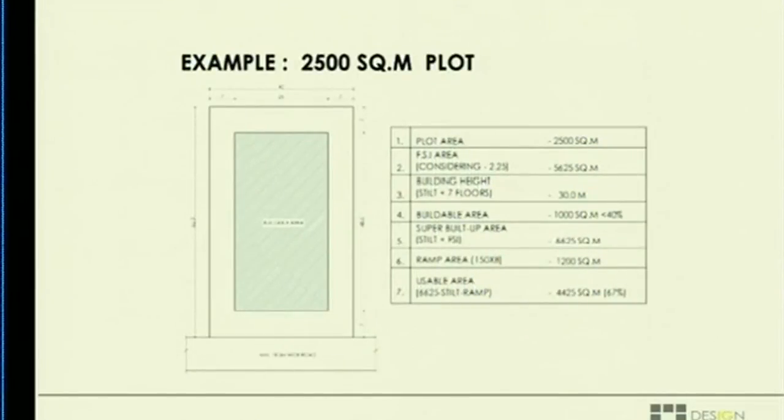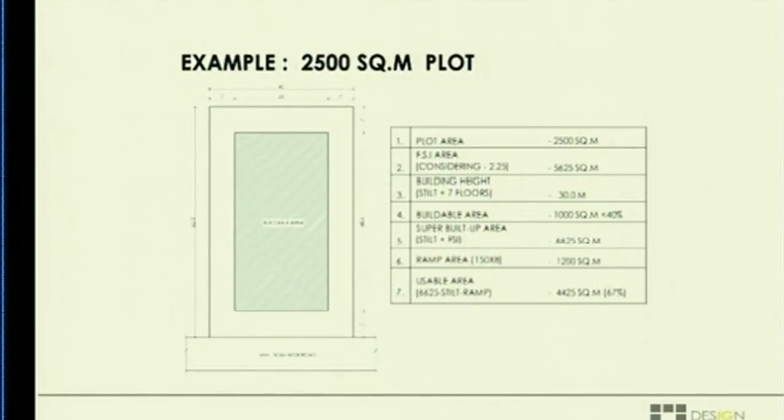I have now taken a 2,500 square meter plot. Here you can go for what is called a multi-story. That is more than 15 meters you can go if your road frontage is more than 25 meters. This yields a little better. That 1,000 square meter plot was yielding 900.